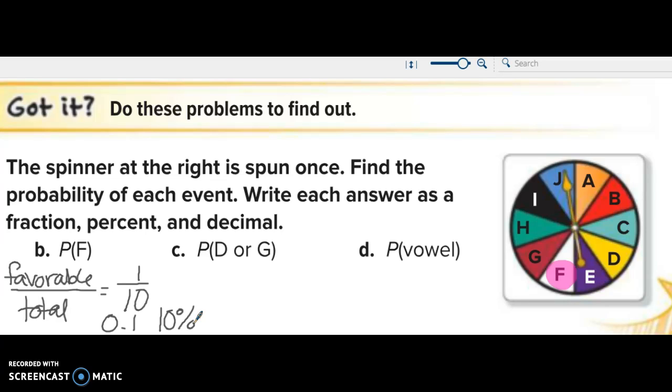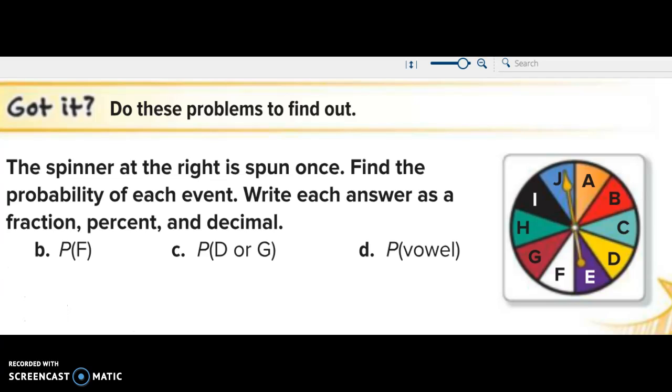Okay, Got It C. I need to find the probability of spinning a D or a G. If I look at my spinner, I have one option of D and I have one option of G. So my favorable is going to be 2 over 10. Okay, I can reduce this by 2 on top and bottom. 2 divided by 2 is 1. 10 divided by 2 is 5.